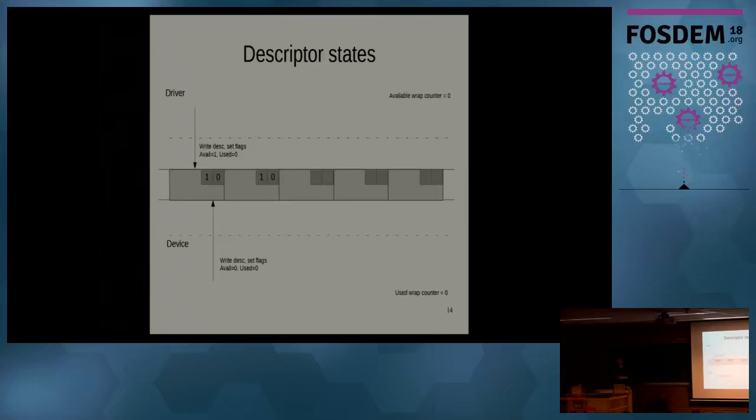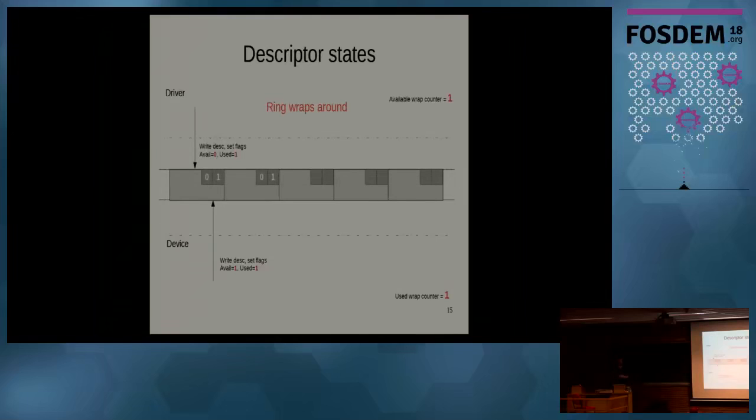So assuming that the ring is 0 initialized, on the first iteration over the ring, to mark the descriptor as available, the available bit is set to 1. Then on the next iteration, it is set to 0, and so on. Similarly, to mark a descriptor as used, the used bit is set by the device to 1 on the first iteration, 0 on the second one, and so on.